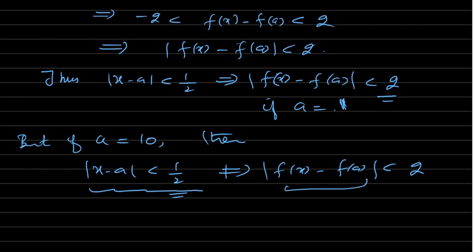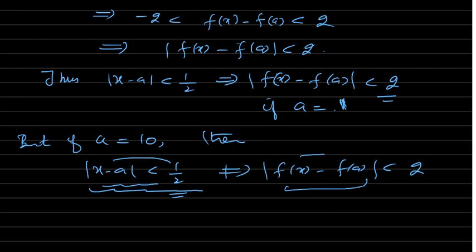So I must choose a point here in this range. I choose a point x naught such that mod of x naught minus a less than 1 by 2, but mod of f of x naught minus f of a is not less than 2. So that's what it means actually. This does not imply this. Implies means whichever point you take that satisfies this inequality, it should imply this inequality.